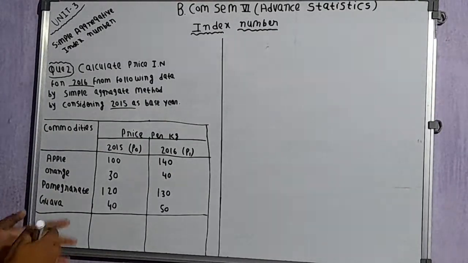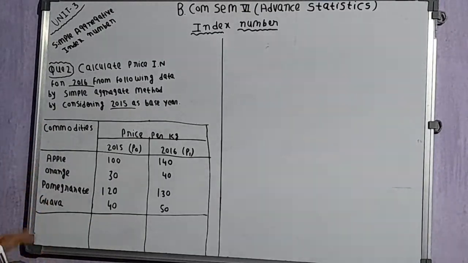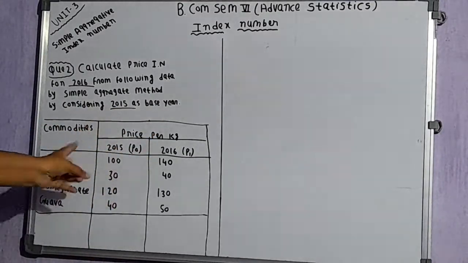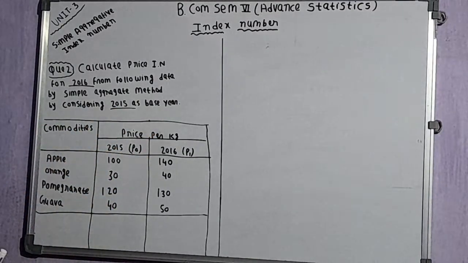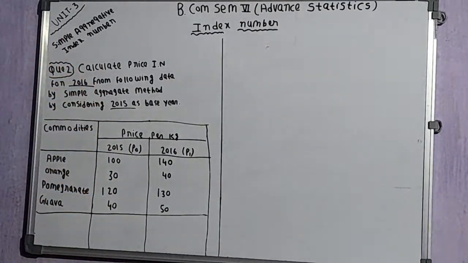We have been given the prices of certain fruits, which are the commodities: apple, orange, pomegranate and guava. We have information about the four fruits and their prices per kg in two different years, 2015 and 2016.